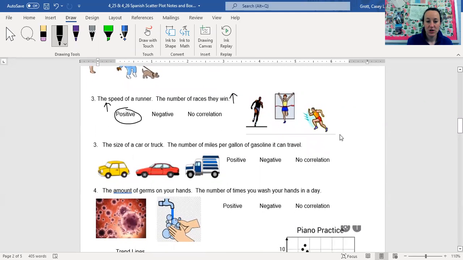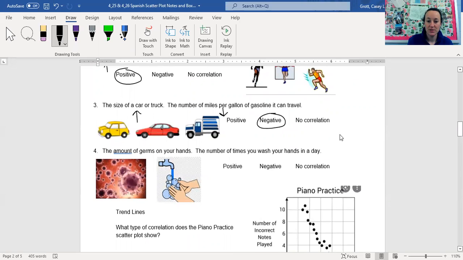The size of a car or truck. If we have a big car or big truck, they can actually travel fewer miles compared to a little car. Like the big semi trucks versus a little car can't go as far. As one increases, one decreases. This is going to be a negative correlation.